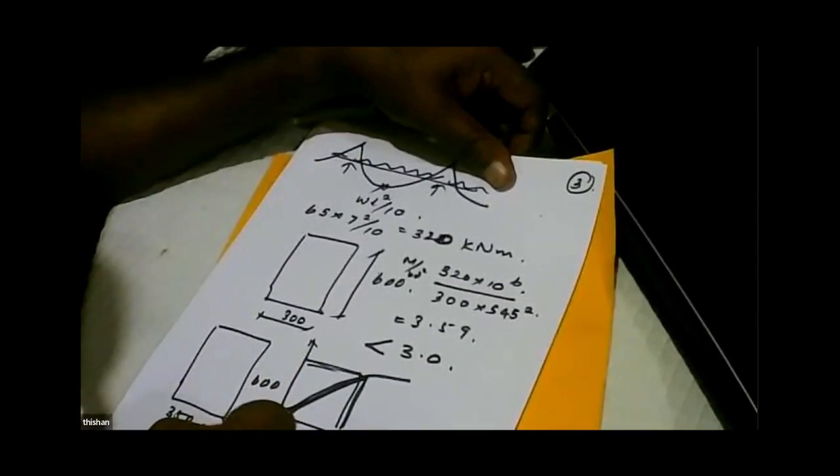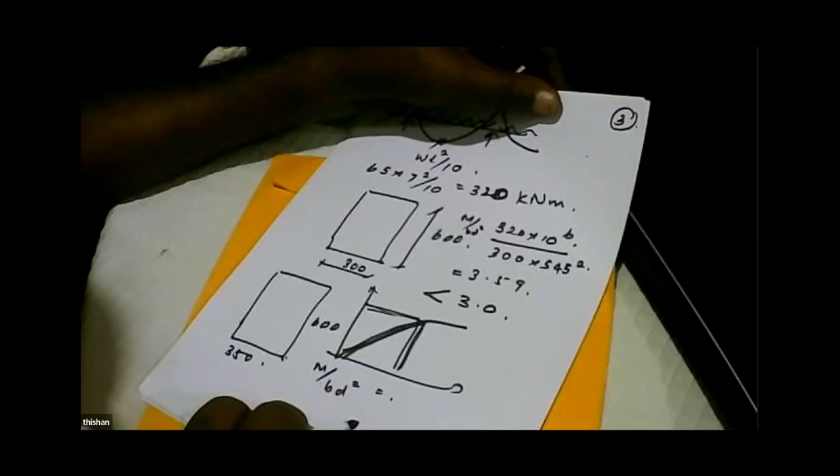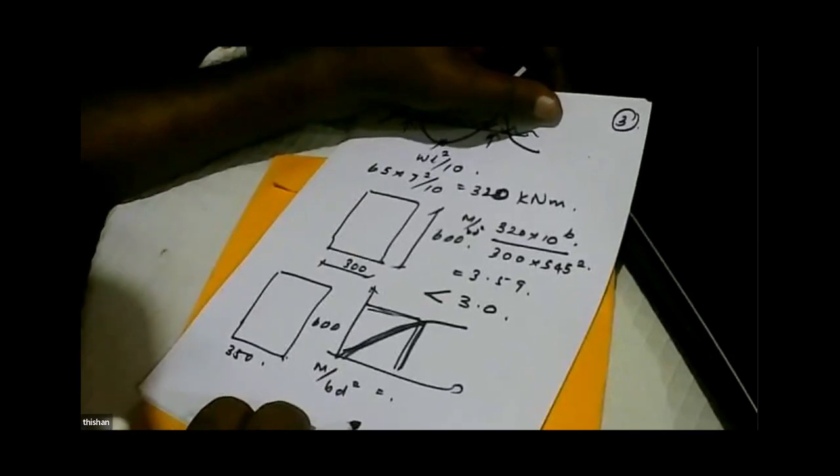So what is this M over BD squared? You multiply by 300 and divide by 350. You get 3.2. So that's good. Even 3.59 is not a problem.